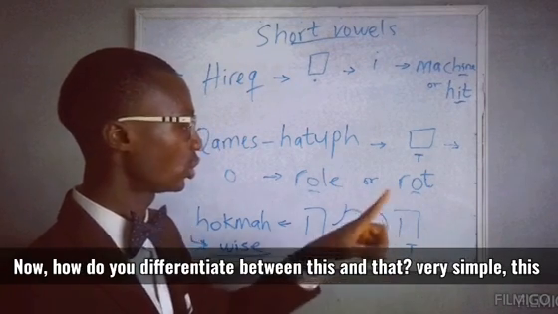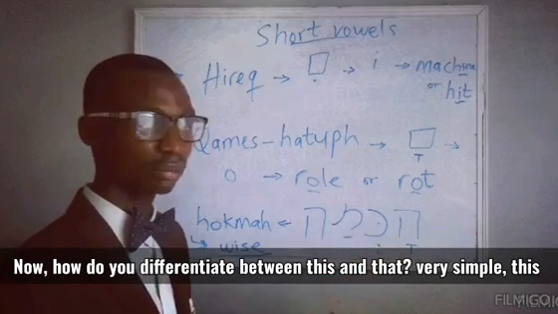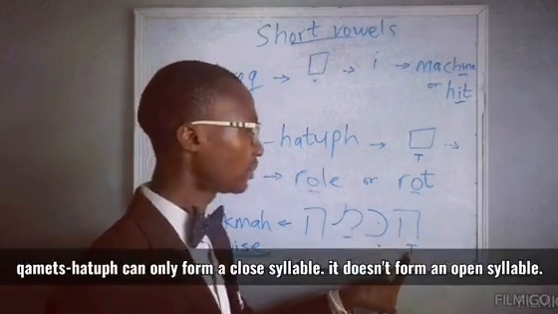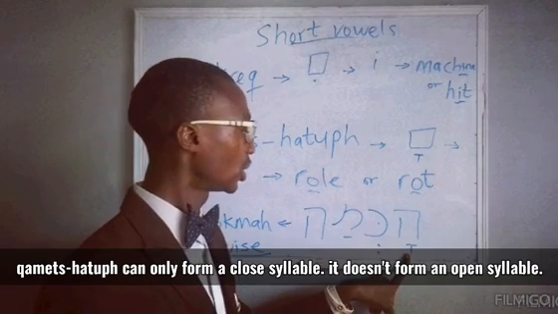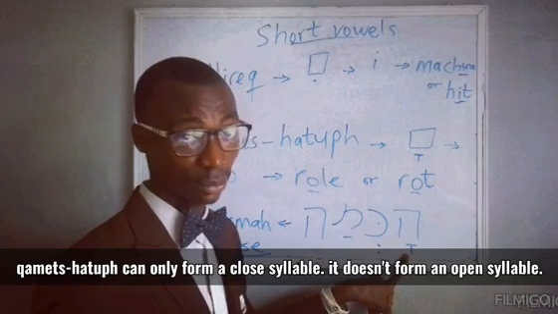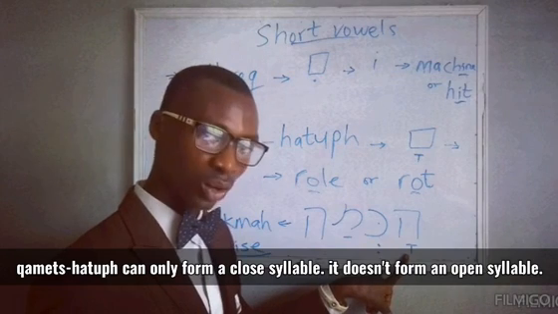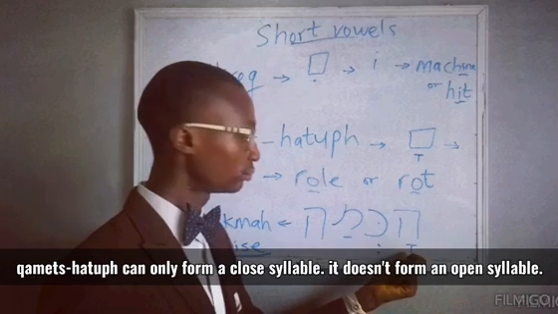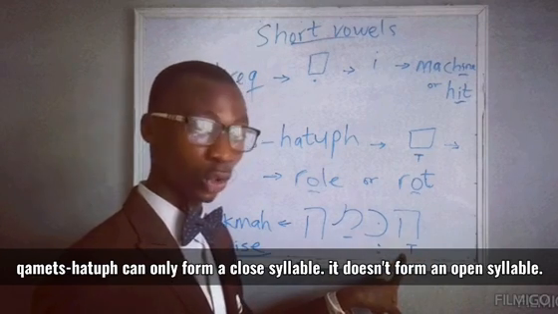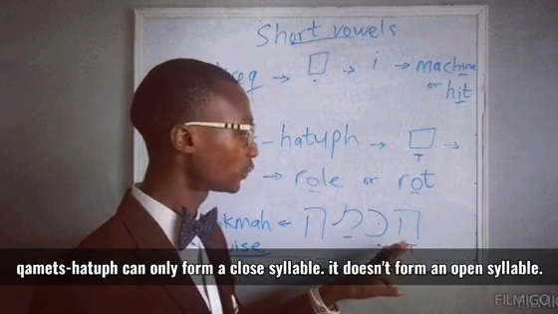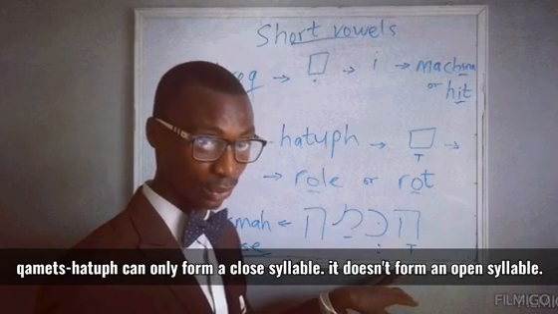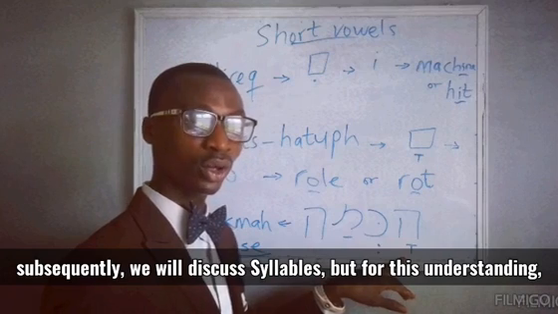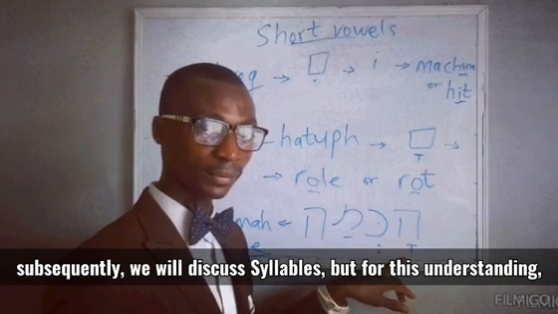So now, how do you differentiate between this and that? Very simple. This Kamet Atef does not form an open syllable, it can only form a closed syllable. Subsequently, we will discuss syllables.